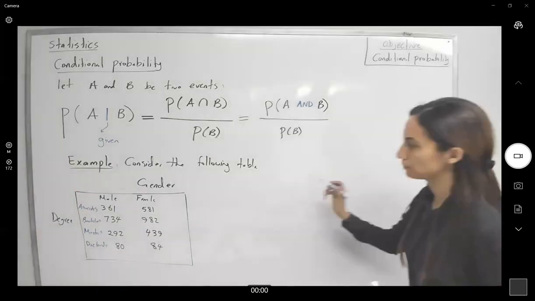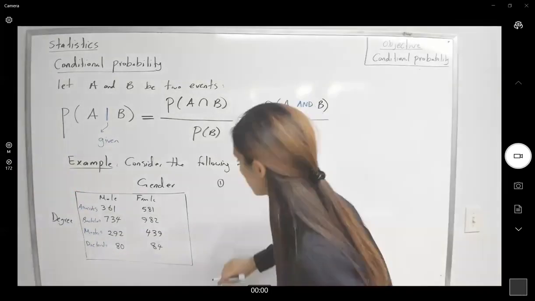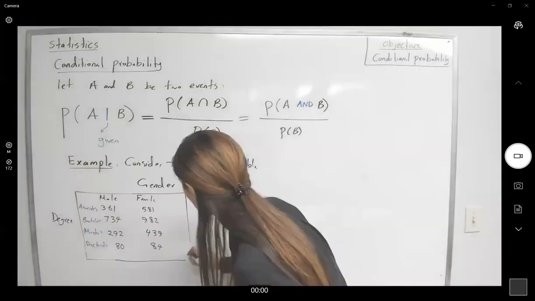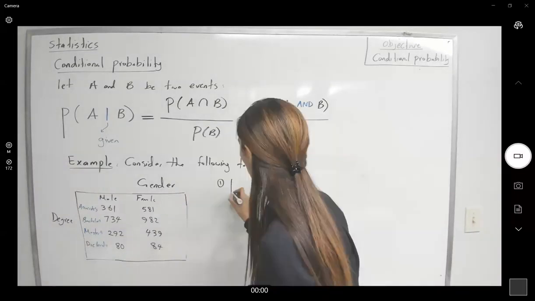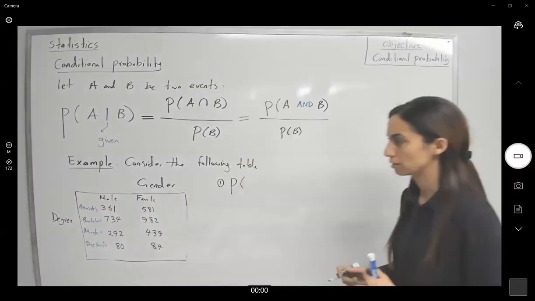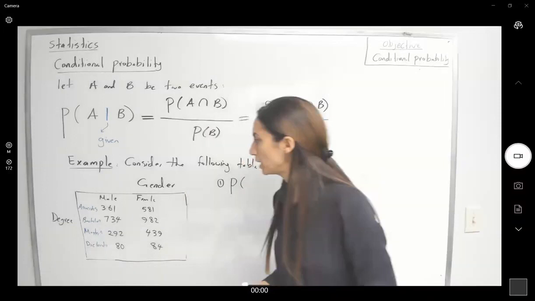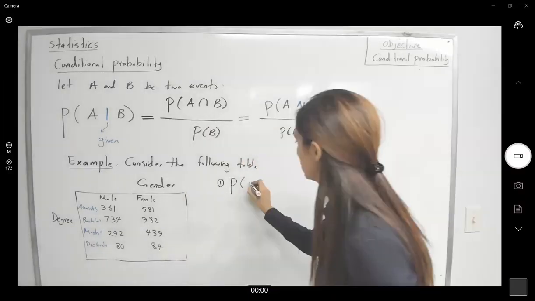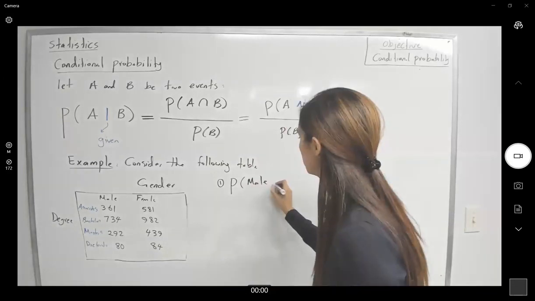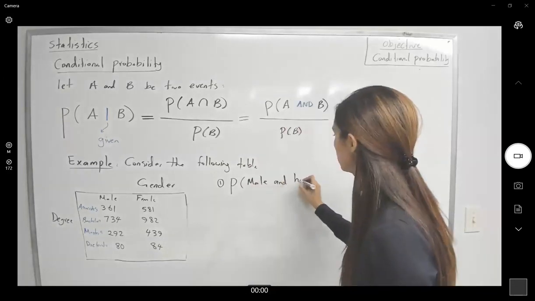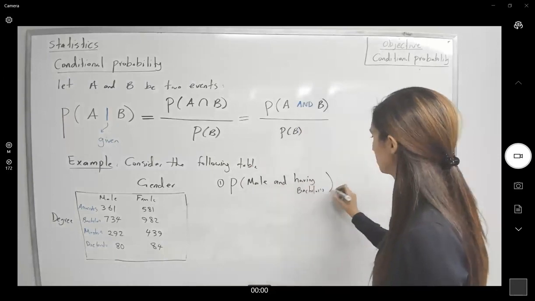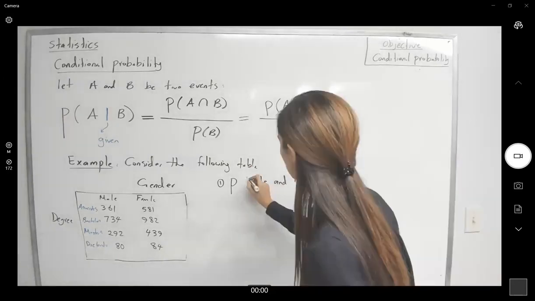First of all, what is the probability? This is the question that we have. What is the probability of being male and having a bachelor's degree? How do we calculate this?